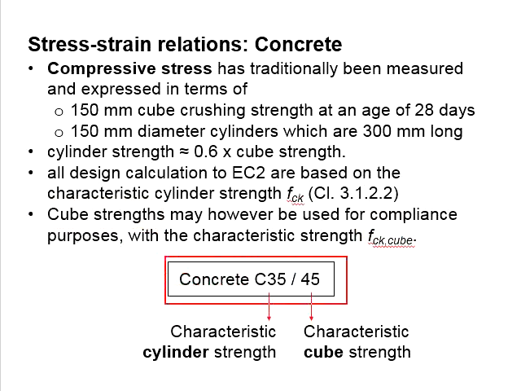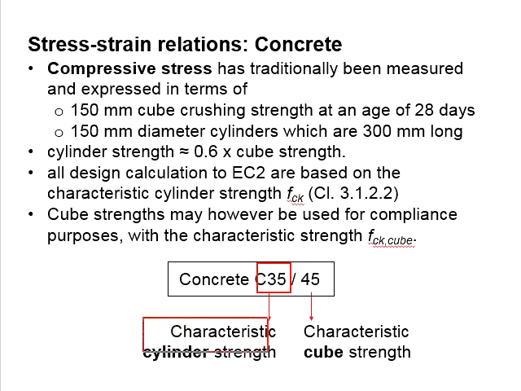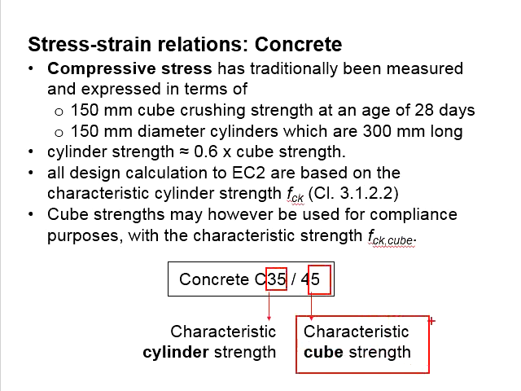This represents a typical specification to indicate the concrete grade. The first number here represents the characteristic cylinder strength. The second number normally is bigger than the first number, and it represents the characteristic cube strength of the concrete.